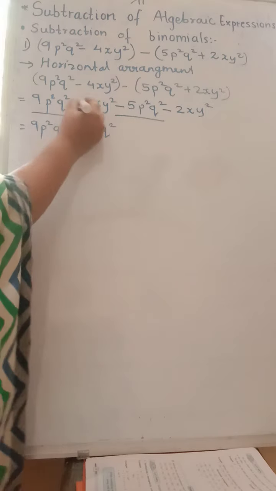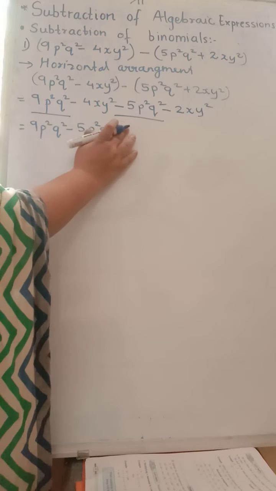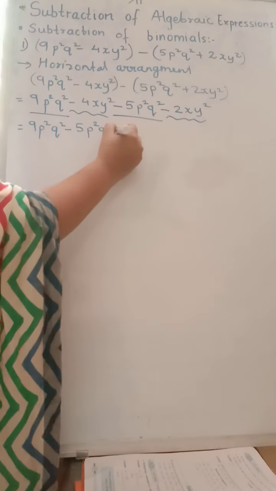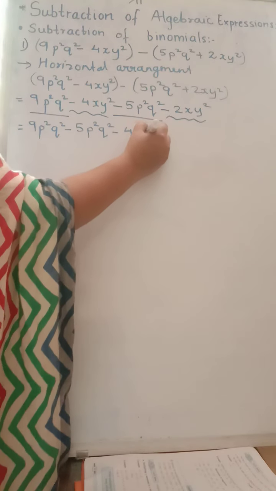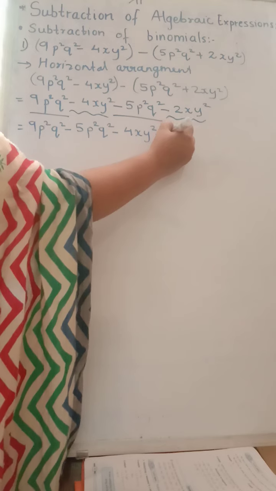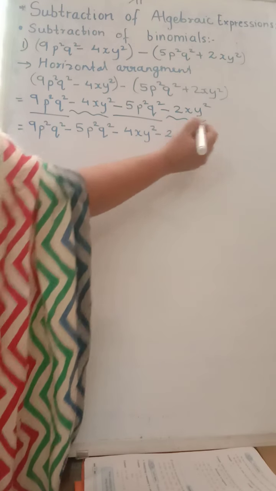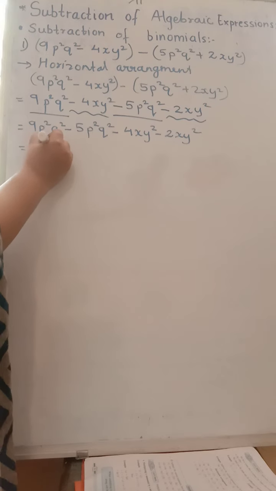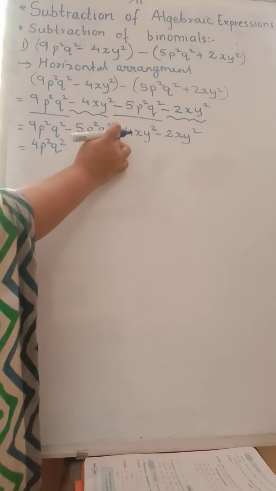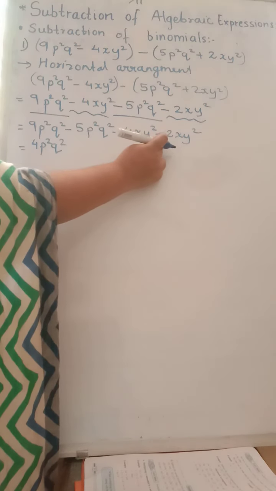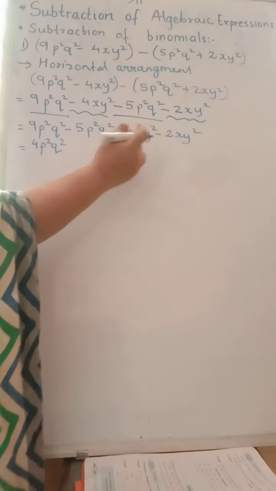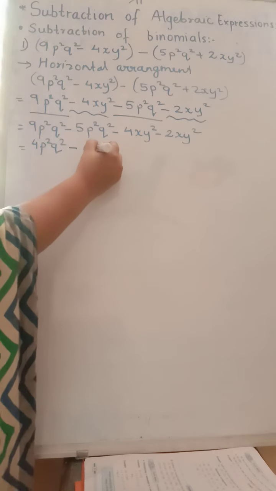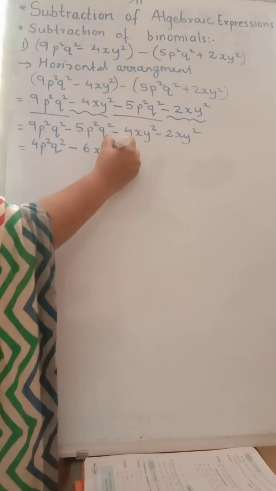Now next like term, this and this, so minus 4xy square minus 2xy square. Now 9 minus 5, 4 p square q square. Minus minus will give us plus, so 4 plus 2, 6, common sign minus xy square.